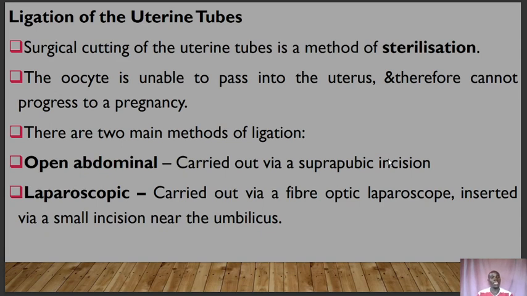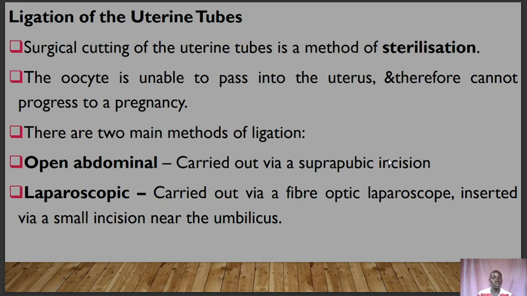Another key clinical procedure that affects these fallopian tubes is the ligation of the uterine tubes. The surgical cutting of these uterine tubes has been considered a method of sterilization, making one unable to give birth to more children. The oocyte is unable to pass into the uterus, and therefore cannot progress to pregnancy.